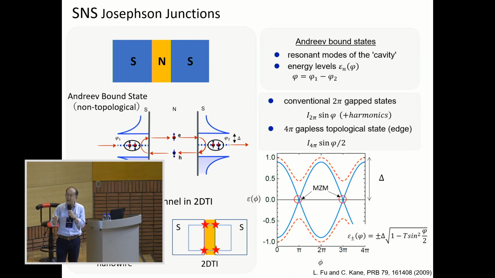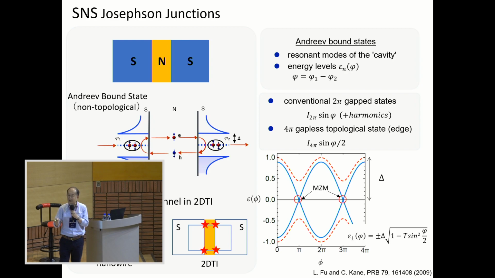But if you think about the quantum state formed in the normal region, the electron is refracted as a hole, leaving the Cooper pair here.